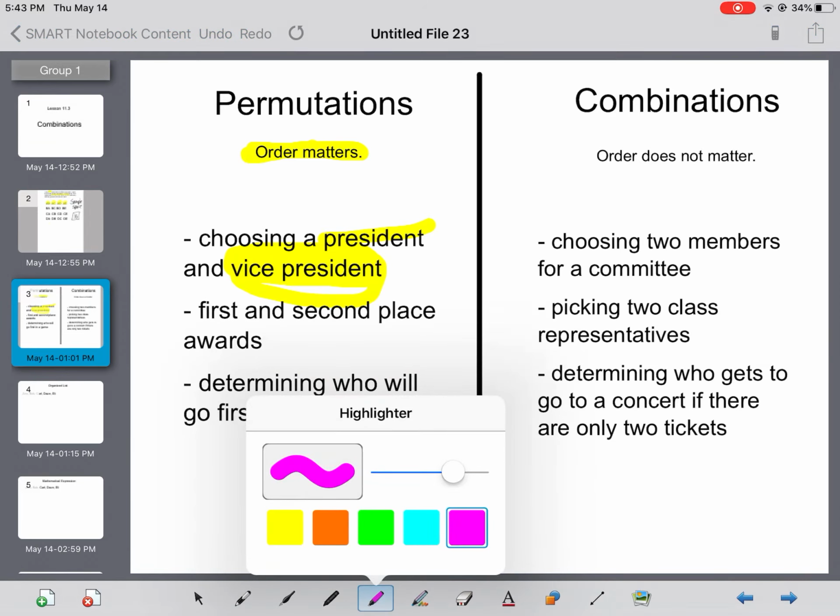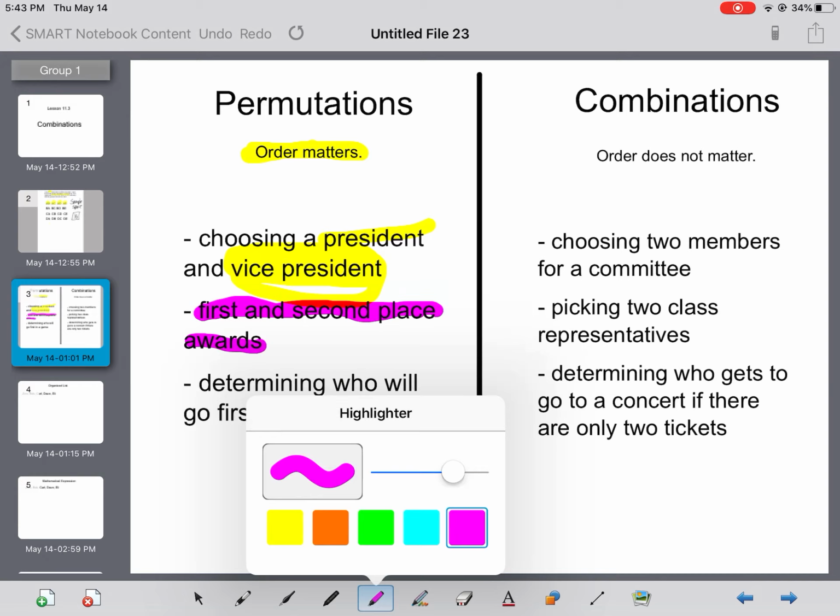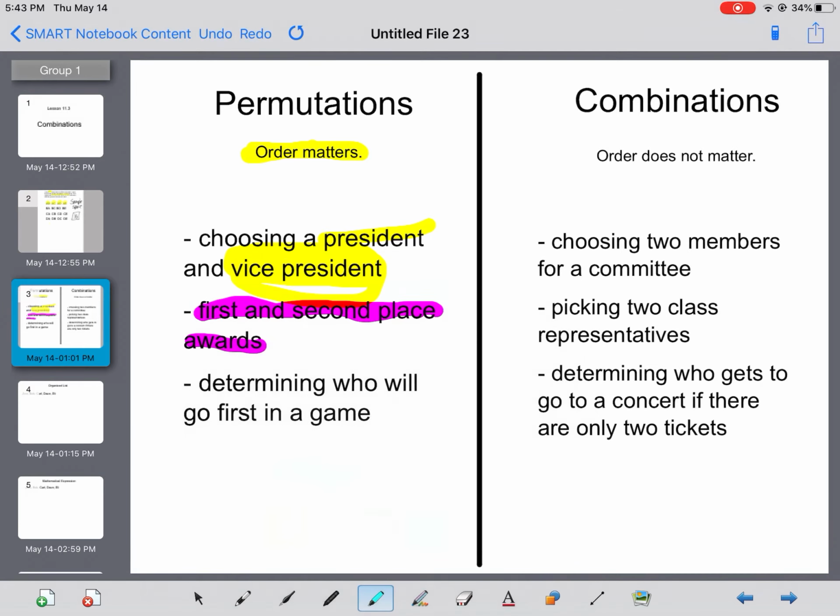Same if we're thinking about who gets first and second place. Let's say for our talent show that Mr. Wurst and I are setting up, first and second matters. If I assign, let's say, Anjali to get first place in the talent show, she can't be second place because she's already first. Same with determining who will go first in a game.